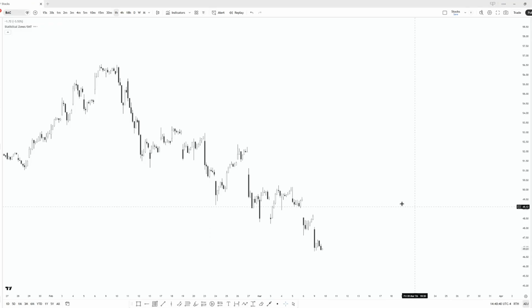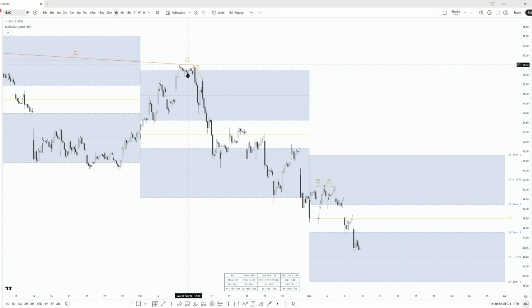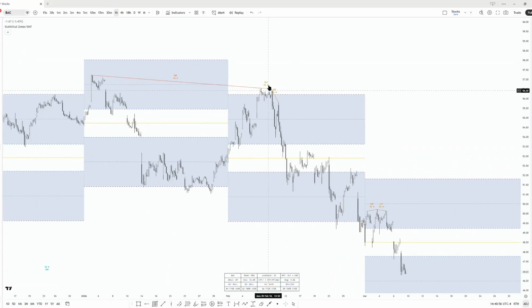I like to look for opportunities where it's in an extreme, and then I like to look for a trigger signal, right? For me personally, I like to use inversions and MBZs, which are based off the other videos on this channel. But here we can see on Bank of America, price pushed up, had a divergence with its ETF equivalent, and that's already built into the indicator.